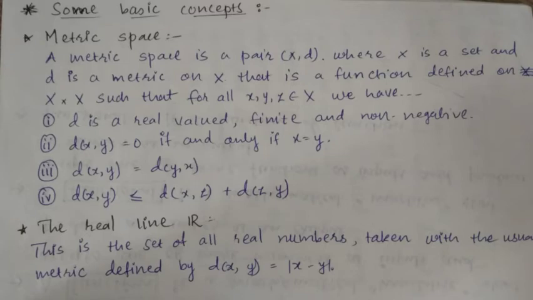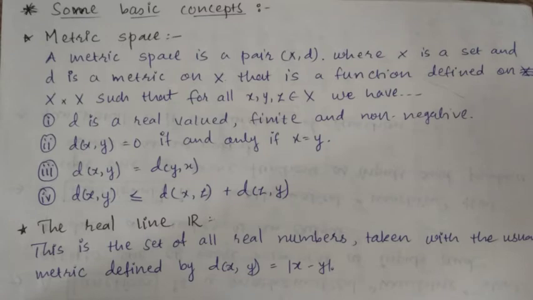I want to prove that the real line R with this metric d(x,y) equal to modulus of x minus y is a metric space. For that I have to prove that my metric d satisfies these four properties. So let's prove.